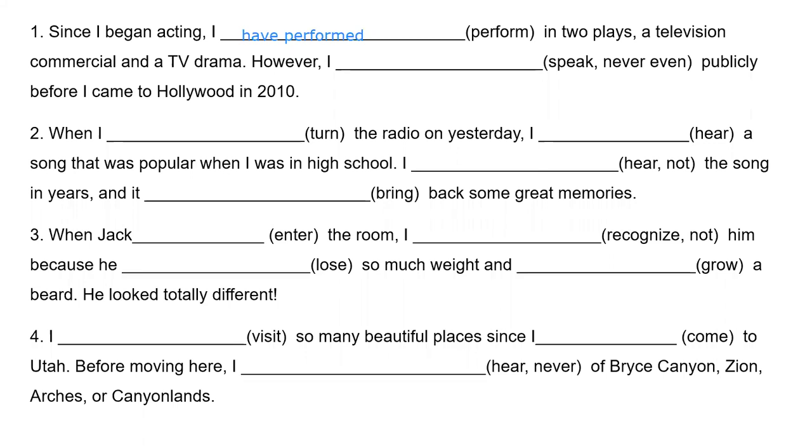However, I speak never even publicly before I came to Hollywood in 2010. So notice here, before I came to Hollywood is actually a time in the past, and something happened before that, which is the never speaking. So here, I must use the past perfect.